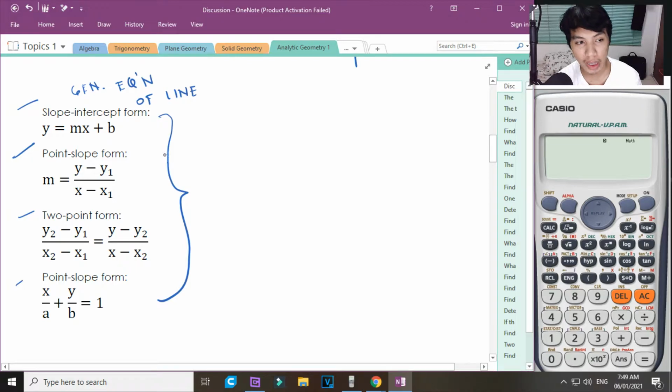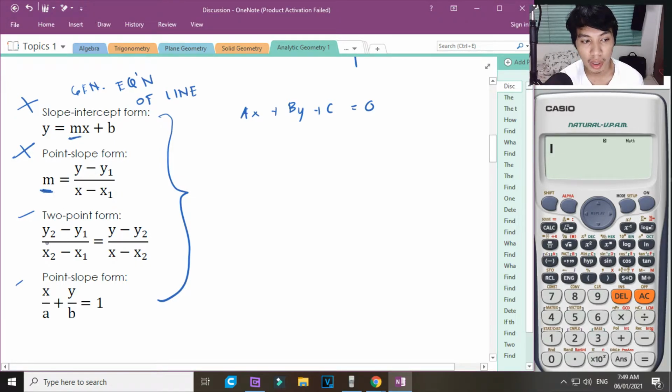But ang technique dyan, the most basic na gagamitin mo dito is the slope-intercept form and the point slope form. Makakuha ka na dito, from the general equation na ax plus by plus c equal to 0, ay makukuha mo na agad yung slope nila.